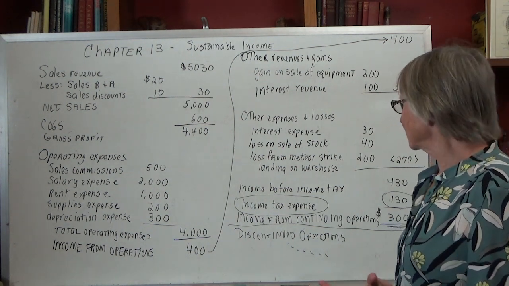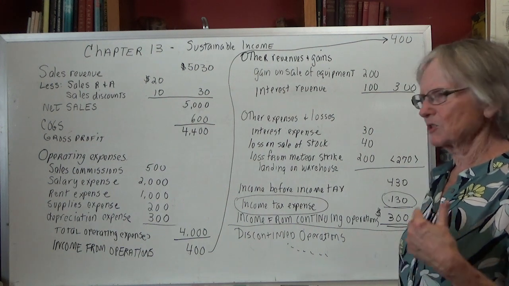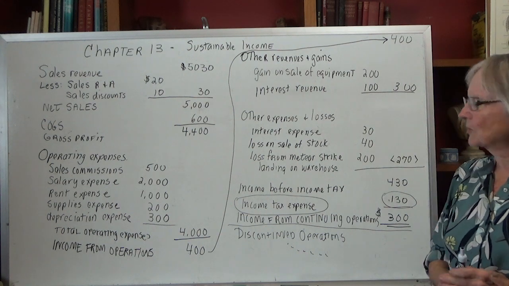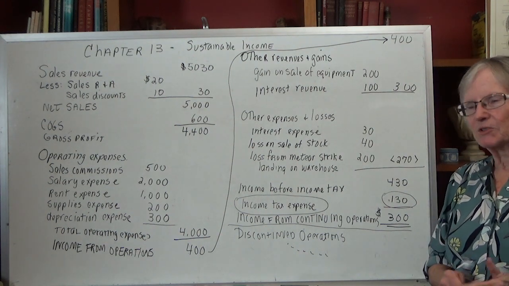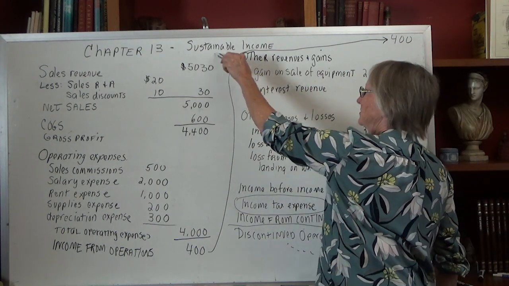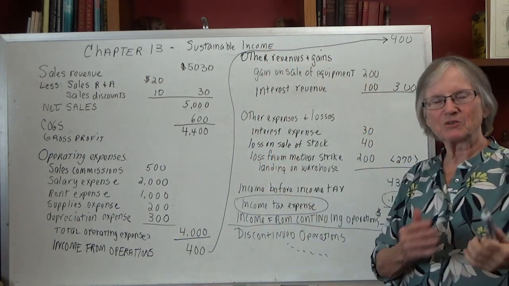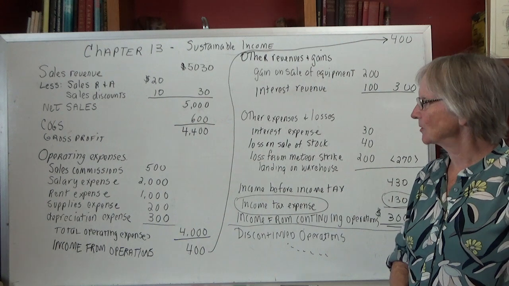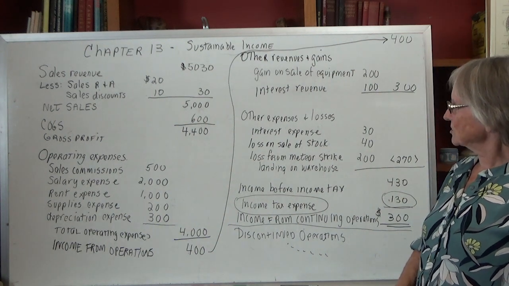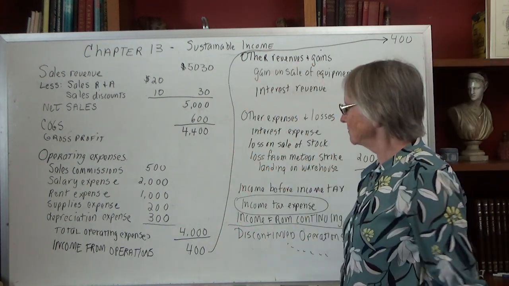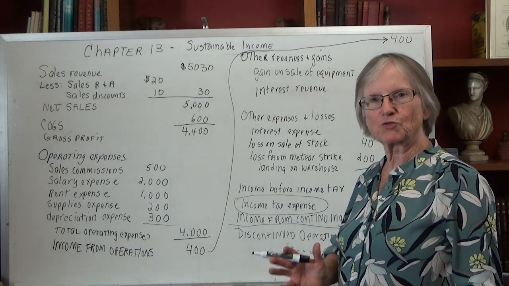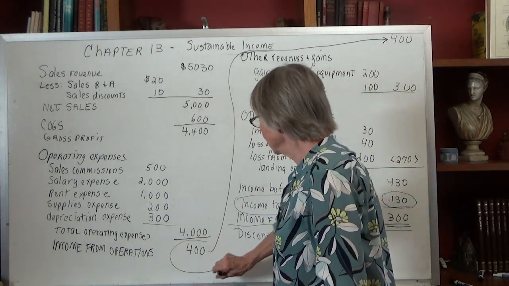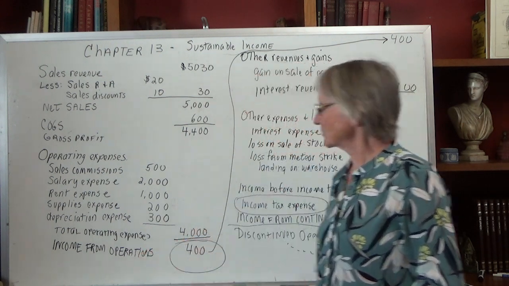Okay, so let's step back and think about this. From the point of view of usefulness when we're analyzing financial statements, and this goes back to sustainable income, we're trying to figure out what's the likely income level that this company is going to achieve in the future. If we had to focus on the one number here that would be the most representative of sustainable income, it would be this right here, your income from operations.